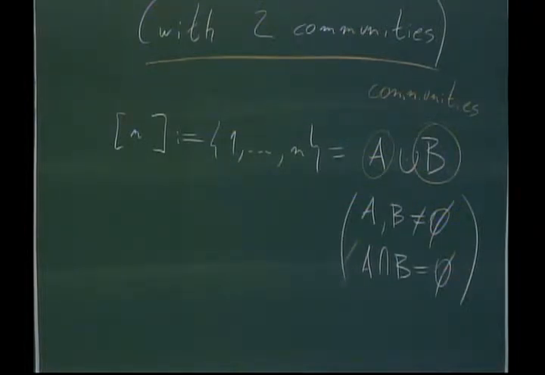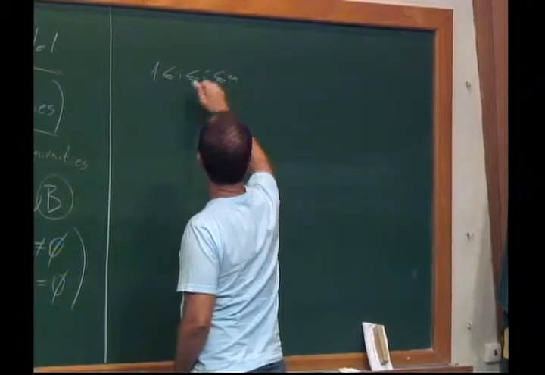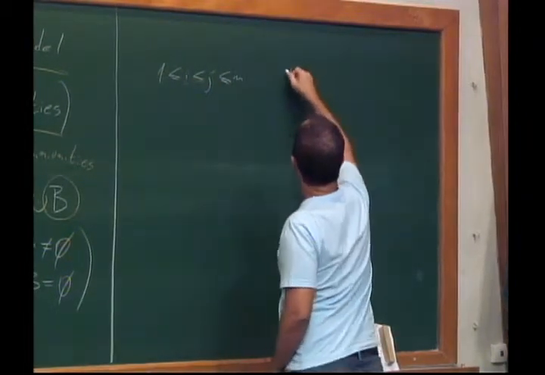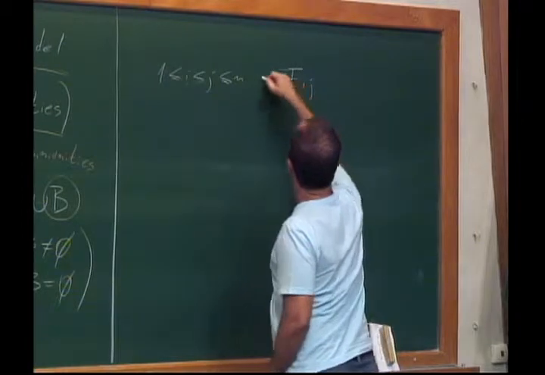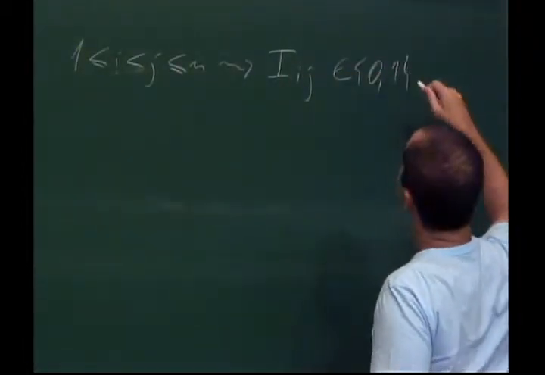Now, for each two people, and again, I'm only considering i less than j, I have a random variable taking values in 0 and 1.